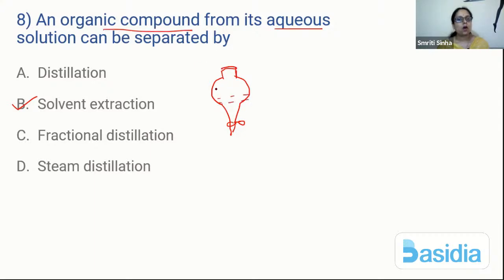Then on top of that, you put a suitable organic solvent. You shake it. After shaking, the organic compound from the aqueous solution will go into the organic solvent. You remove the water by using this knob, discard this water, then collect the rest, in which your organic solvent and organic compound both are present. Just evaporate it and you will get your pure compound. That is the solvent extraction technique.